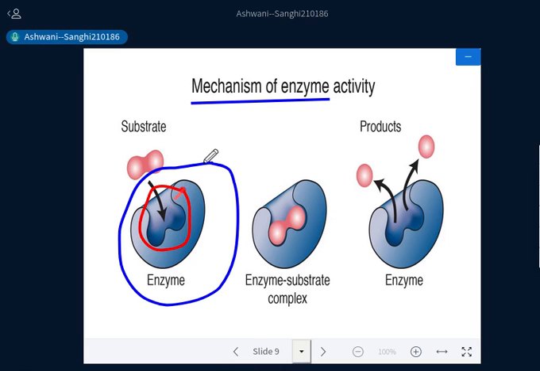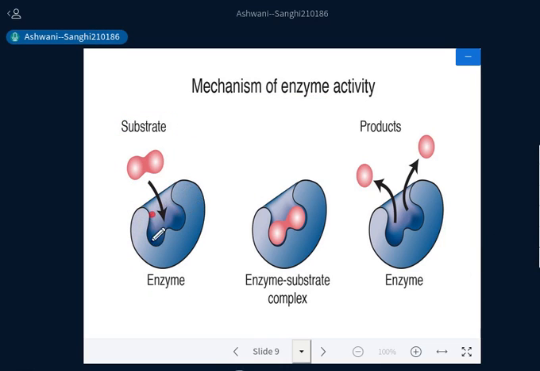This particular site is called the active site, where substrate binds, and the substrate is a small molecule as compared to the enzyme.